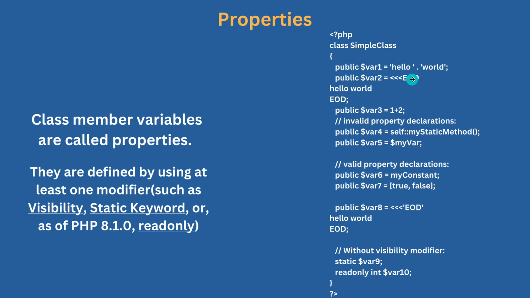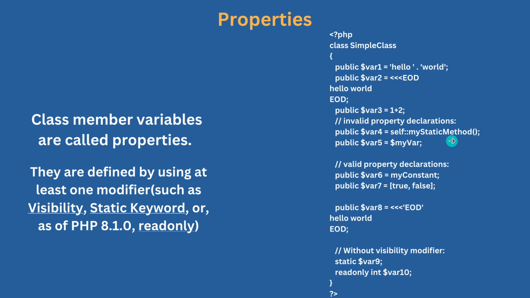Like here is the heredoc, this one, heredoc string. Hope you remember heredoc and nowdoc. It also can hold this type of value. A property can also hold some expression like this, right? But a property can't hold something like that.